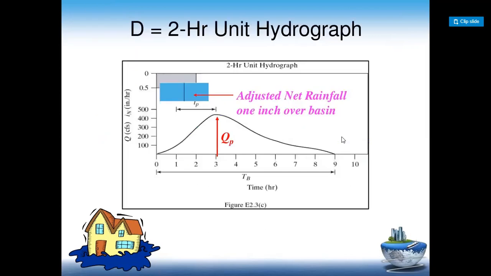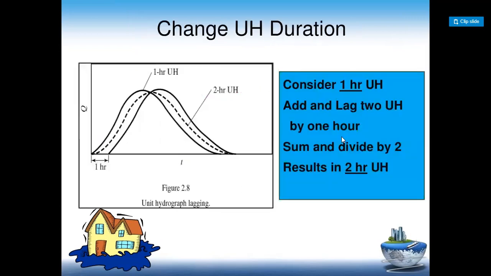D is equal to a 2-hour unit hydrograph, Q, CFS in inches per hour: 0, 0.5, 500, 400, 300, 200, 100, taking discharge on the y-axis and time in hours on the x-axis. Here, guys, from this figure, adjusted net rainfall of one inch over the basin. This QP is the peak.